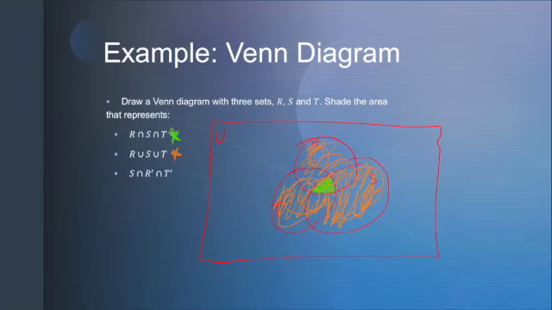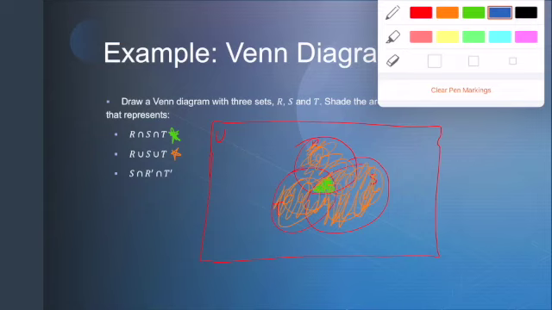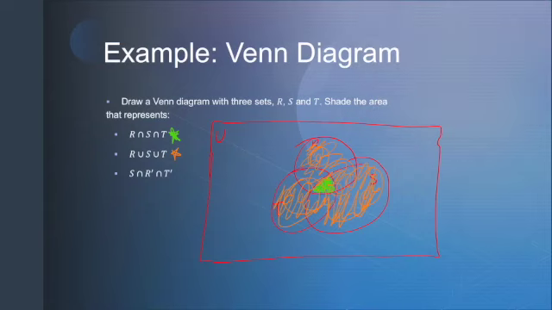Now, what if I want to know S intersection R complement intersection T complement? Woof. So remember, T complement, sorry guys, let's do some light highlighting. That might make it easier to get rid of should we make a mistake. So S intersect R complement intersect T complement. So here I know where S is.